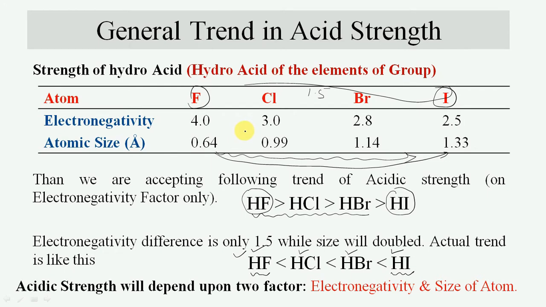So we can say that a proton is more easily removed from a hydride in which the central atom is larger than from a hydride in which it is small. Therefore, hydrogen iodide can easily release H plus ion, and hydrogen fluoride can lose H plus ion with difficulty. Consequently, HI is a stronger acid and hydrogen fluoride is the weak acid among the hydroacids of the halogens.